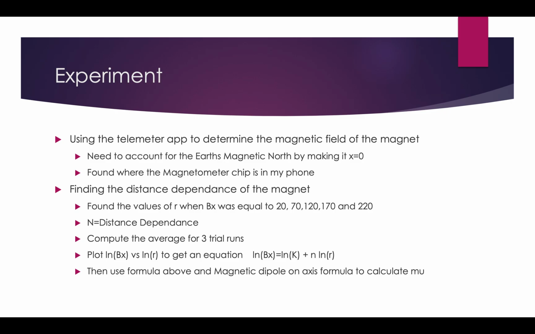Then we plot ln Bx versus ln r to get the equation shown. In that equation, n is equal to the distance dependence. After that, we use the formula above and the magnetic dipole on-axis formula to calculate the value of mu.